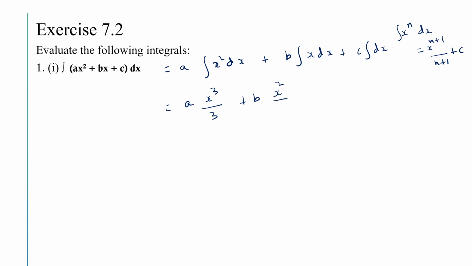So x square by 2. Then plus c into integral dx is x plus some constant c. This is equal to a by 3 x cube plus b by 2 x square, then plus c into x plus some constant, let us write it as c1 because already there is one c, where c1 is the constant of integration.